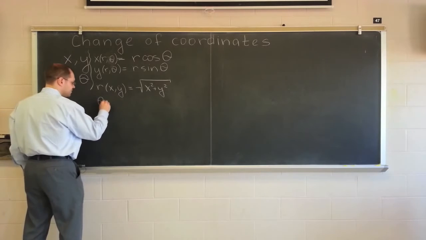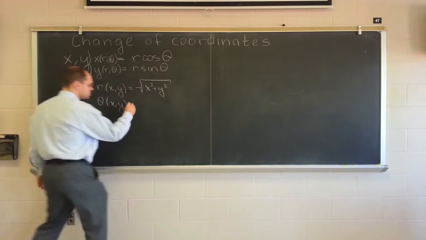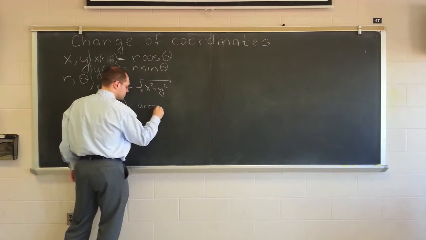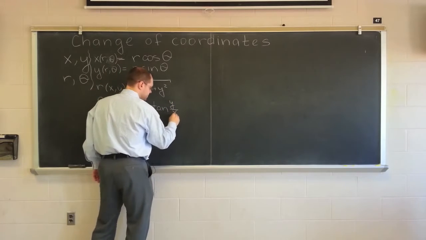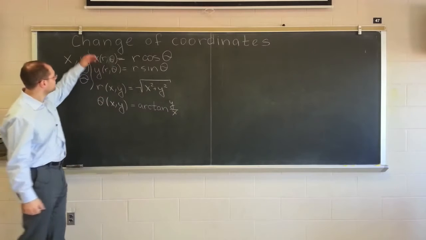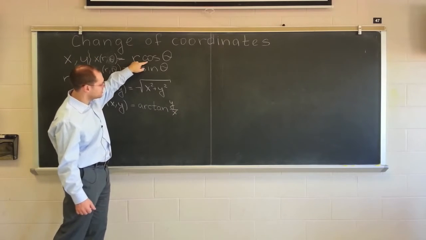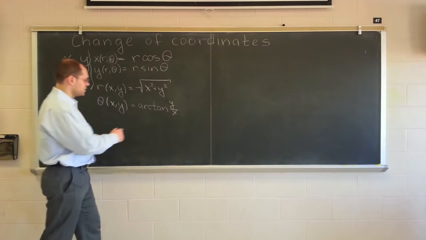And then theta as a function of x and y, it's usually written as arctangent of y over x. That's because dividing y by x gives us tangent theta. So theta is arctangent of y over x.